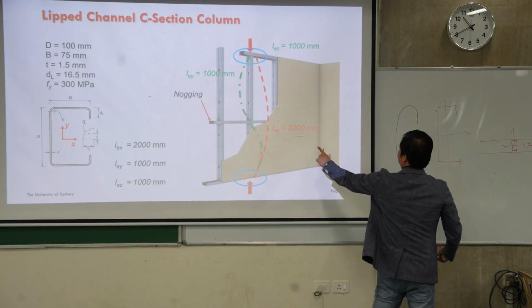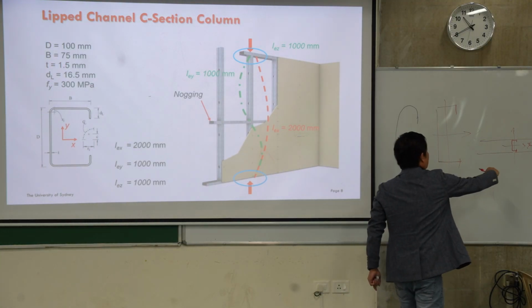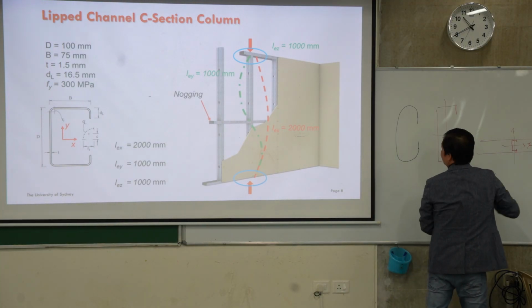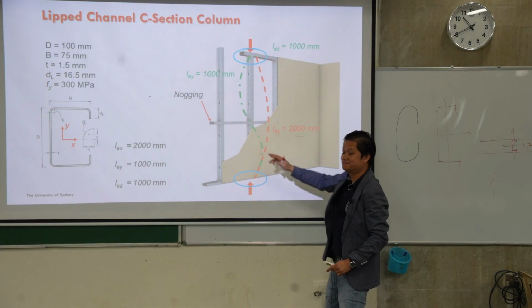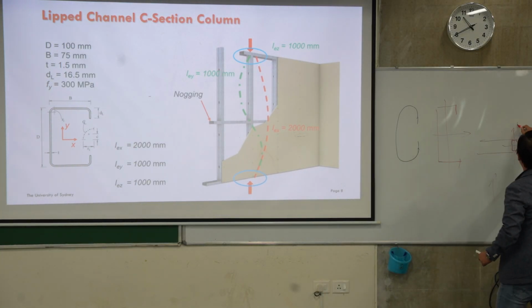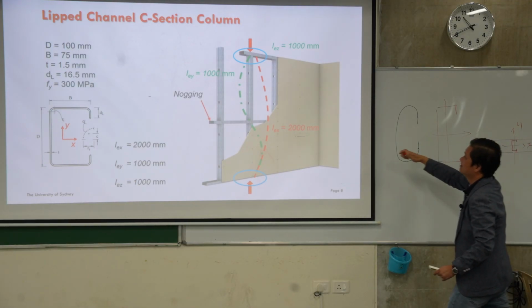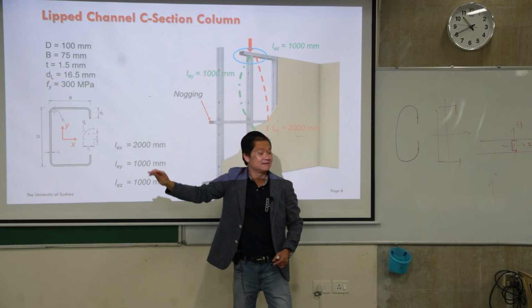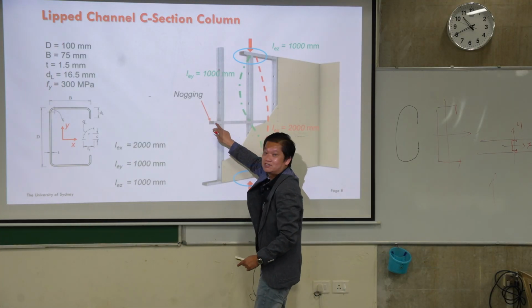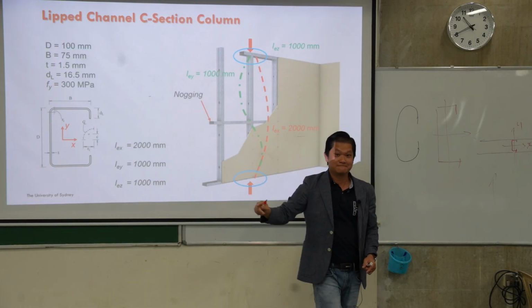Imagine you don't have the plastic ball, it will buckle in this way, which means in the X, major axis. Everyone got it? And this one, the Y axis, buckles in this way, in the weak axis. So the knocking actually reduces the half-wave length of that.